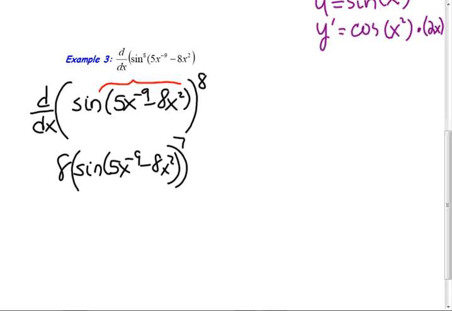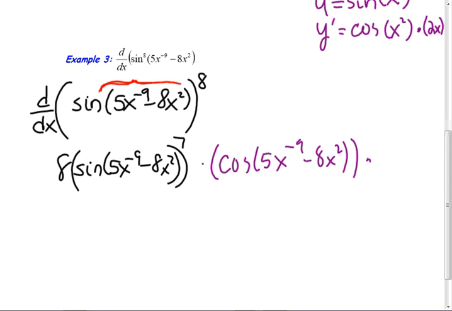Okay. Next function I run into, because there's 3 here, is the sine function. So it's times the derivative of the sine of that. What's the derivative of the sine? Cosine of this. Times, there's still an inside function left, the derivative of my inside function, which is this guy right here.